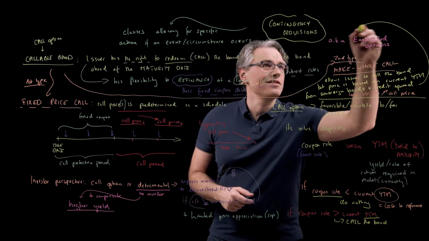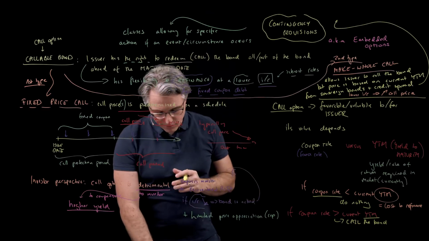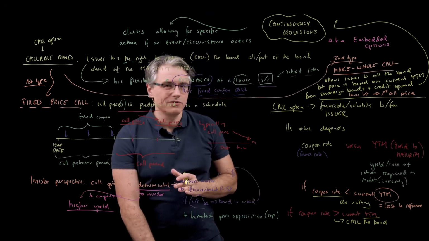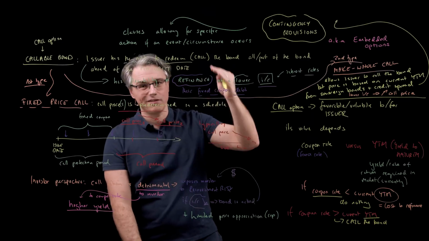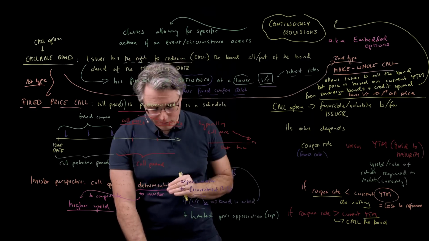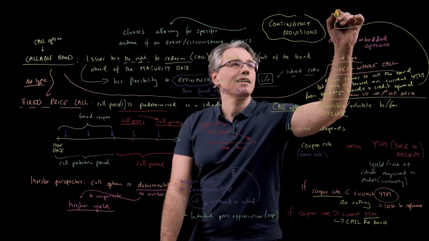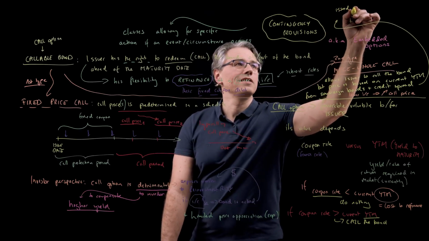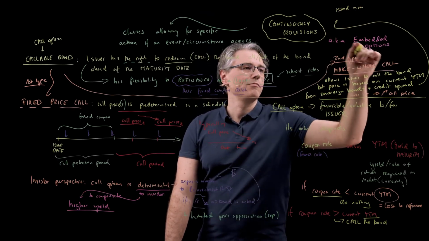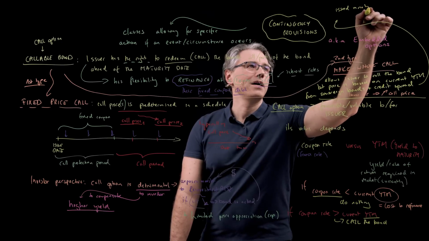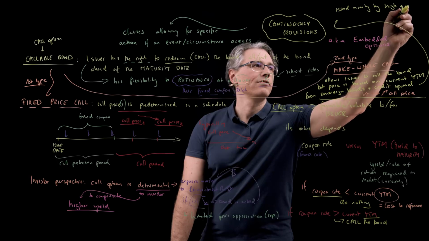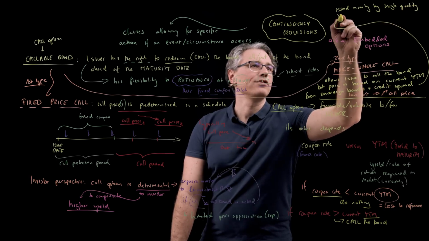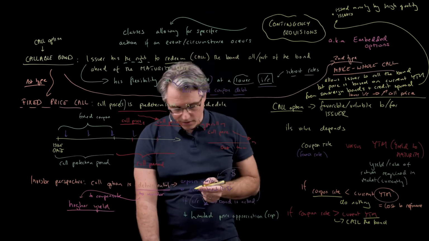So this is not used to lower the cost, essentially, because of the higher price you'd have to pay in a lower interest rate environment. This type of bond, a bond with this type of make-whole call provision, is issued mainly by high quality issuers, so issuers who have a very good rating and financial standing in the market.